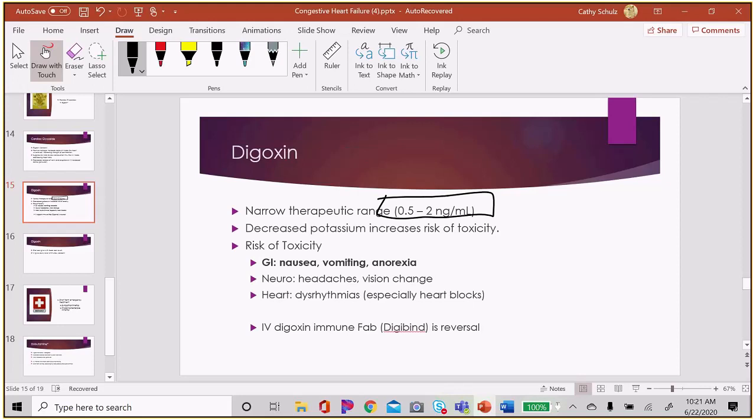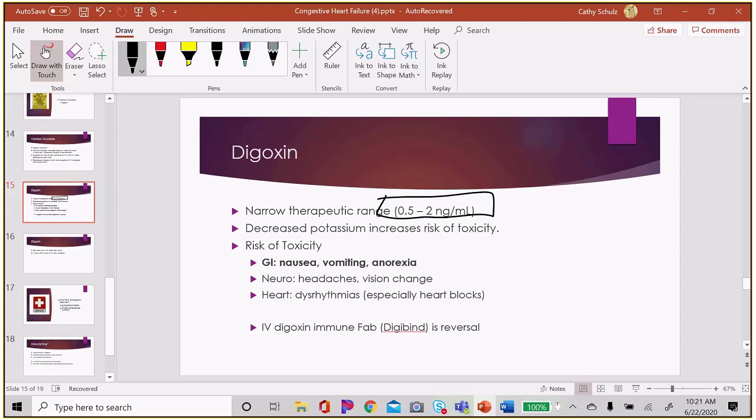So people who are on digoxin have to have their blood checked regularly to see that it's in the right range, and it should be 0.5 to 2 nanograms per milliliter. So that's not a very large amount. If it's less than that, it's likely that the patient still has symptoms of heart failure because that's not high enough. If it's greater than that, the patient has risk of digoxin toxicity, which is an emergency.